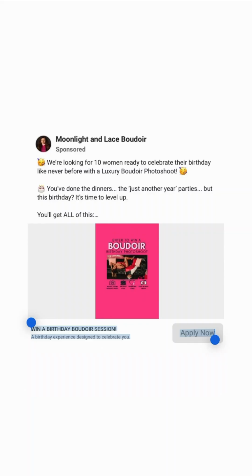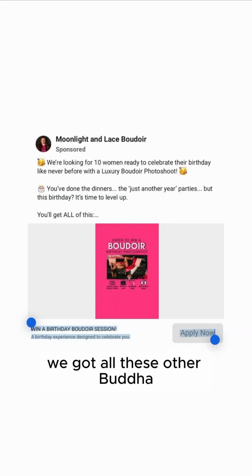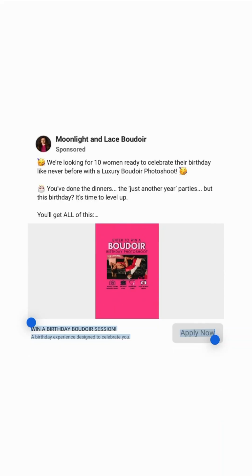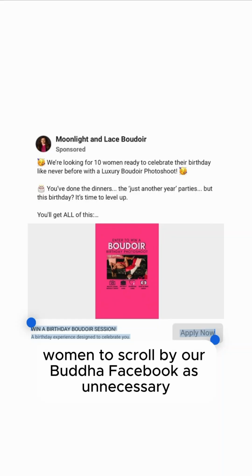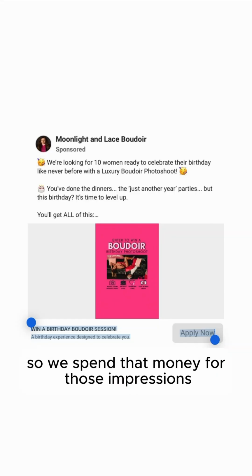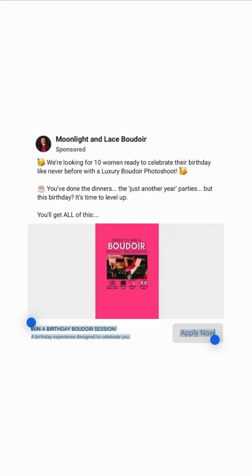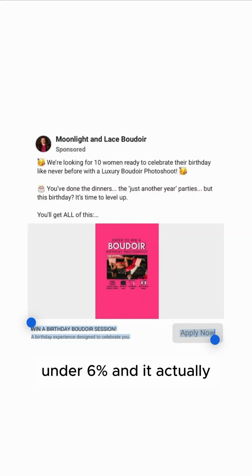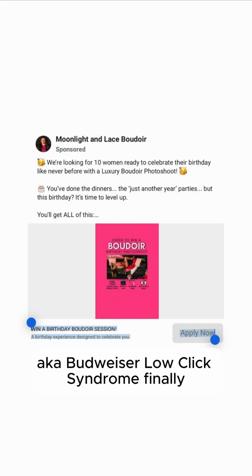And that's because we've seen all these other Boudoir Facebook ads that all look like ads. But actually what happens is this causes way more women to scroll by our Boudoir Facebook ads than necessary. So we spend that money for those impressions and waste our money. And this actually pulls down our unique CTR under 6%, and it increases the probability that we have BLCS, aka Boudoir low click syndrome.